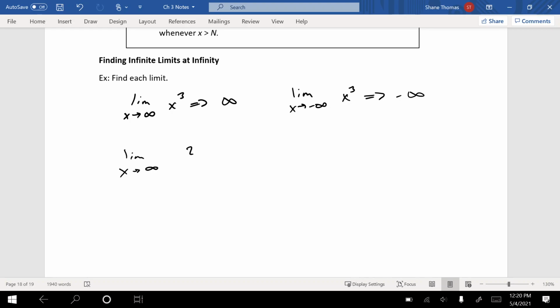Same aspect on this one here, 2x squared minus 4x over x plus 1.